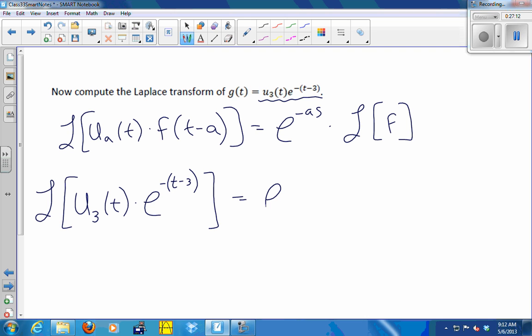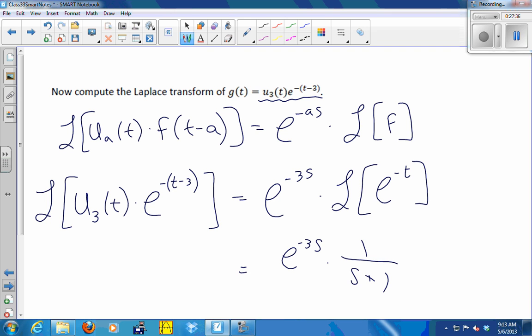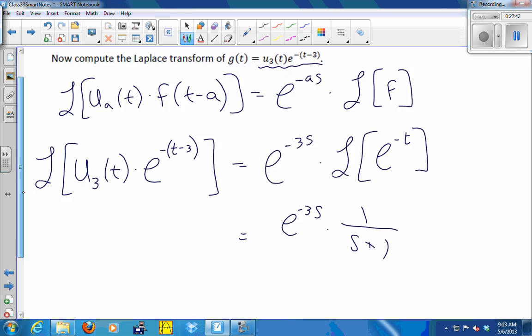So this is going to be e to the negative 3s, just replace the a with a 3, times the Laplace transform of e to the negative t, the parent function that was shifted. And I get e to the negative 3s times 1 over s plus 1, because we know how to take the Laplace transform of exponentials from last class.